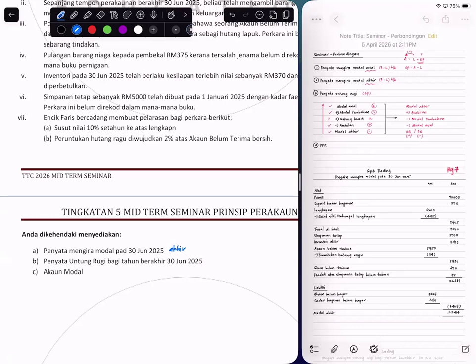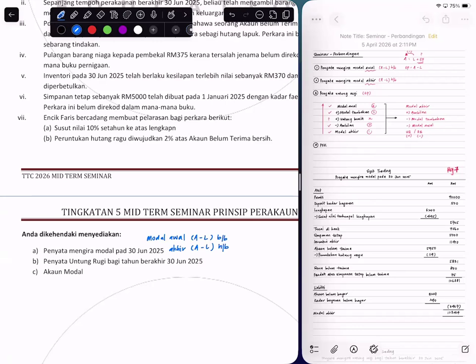So no matter how, you still need to find out modal awal as well. It's just that maybe you don't need to prepare the penyata format. You just calculate by using the formula, asset minus liability. And if you are getting modal awal, you need baki BB. If you're getting modal akhir, you need baki HB.